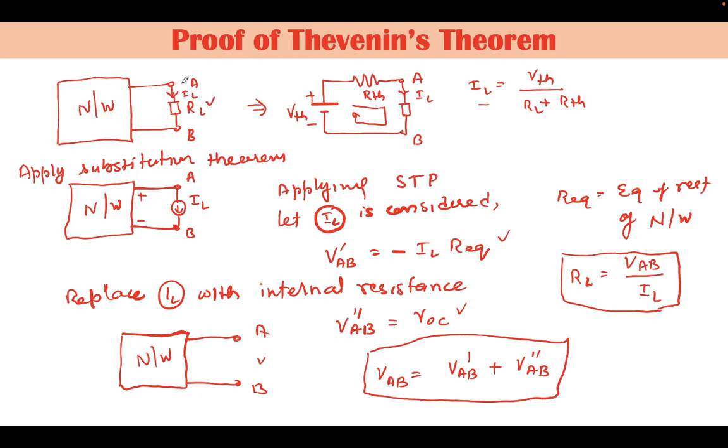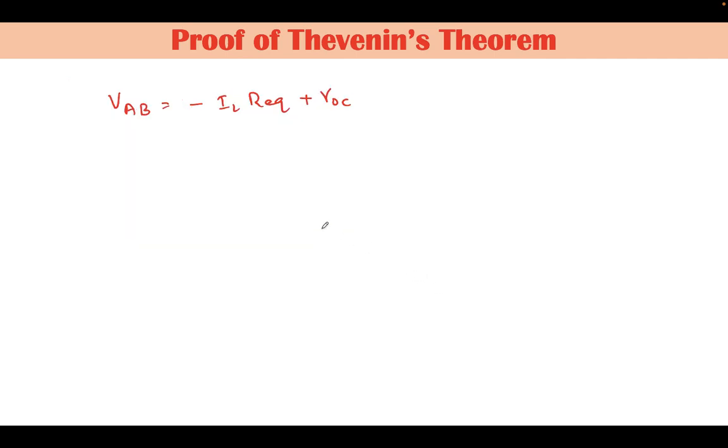When IL current is flowing, the voltage across these two terminals is VAB in the original network. Putting in the value of VAB, and rearranging, VAB upon IL is equal to minus R equivalent plus VOC upon IL.